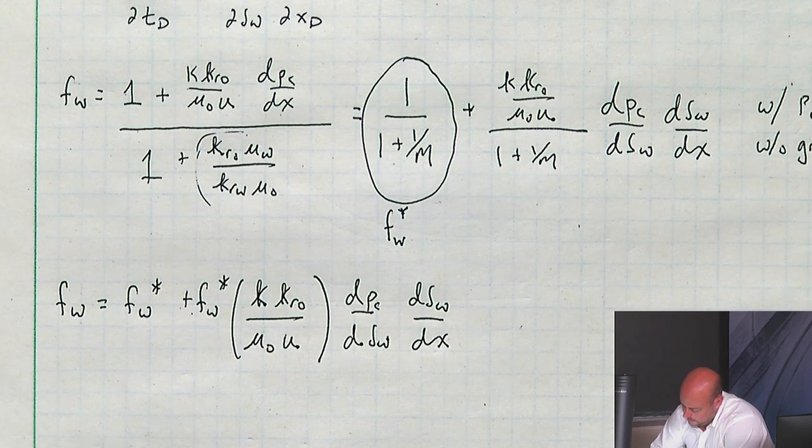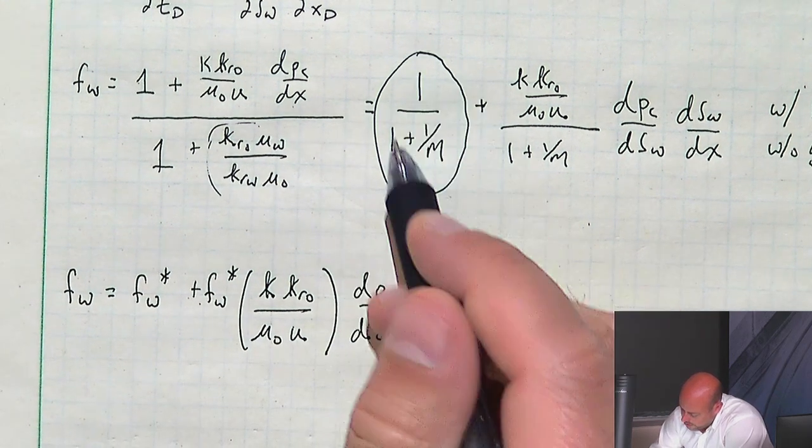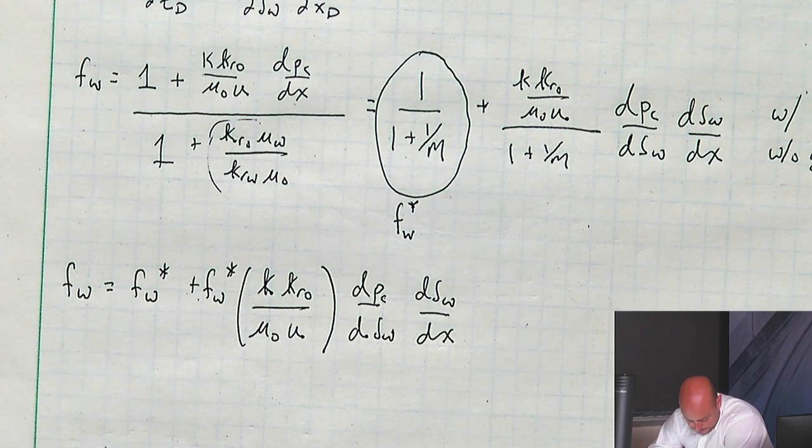Okay. So this is the fractional flow of water. Remember, FW star is just this 1 divided by 1 plus 1 over the mobility ratio.